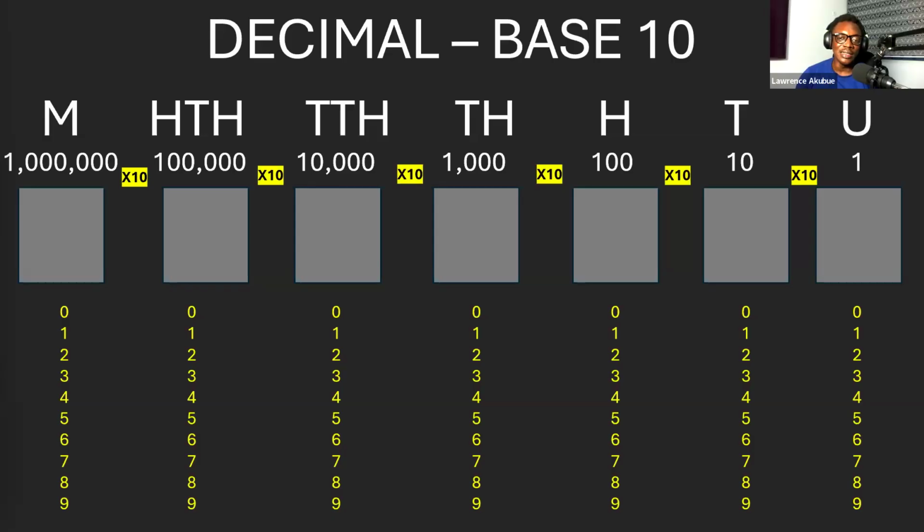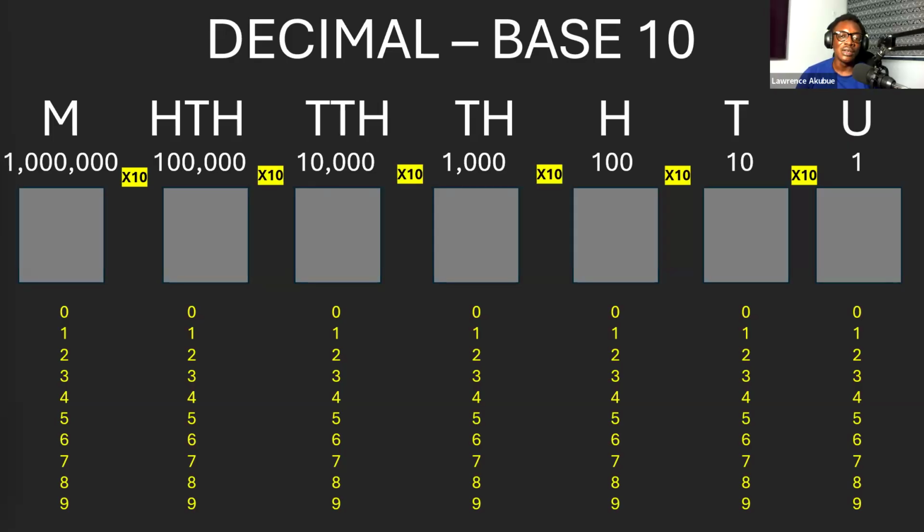So if 1 is in the first one, it means 1 unit. 9 is 9 units. You cannot have 10 as 2 digits in that one. If it is 10, you put it as 1 in the next unit, and then 0 in the other one. Like I said, if 2 occupies that second position, it is no longer just ordinary 2, it is 20. It has the value 20.